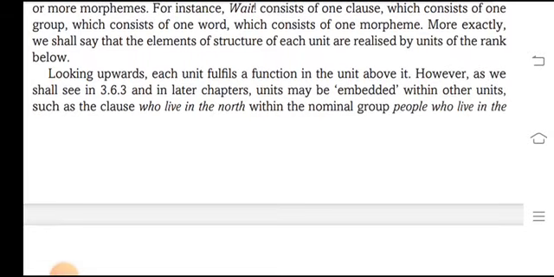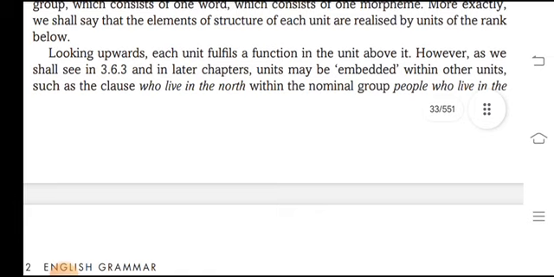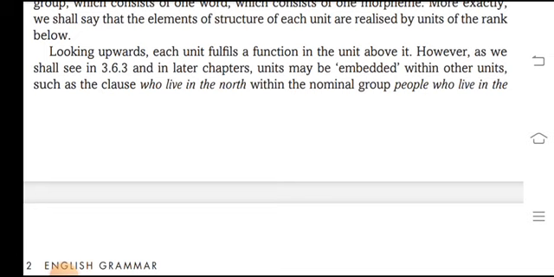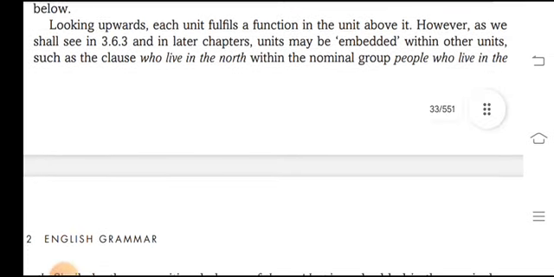We shall say that the elements of the structure of a unit are realized by units of the rank below. Looking upwards, each unit fulfills a function in the unit above it, however, as we shall see in 3, 6 and 3.